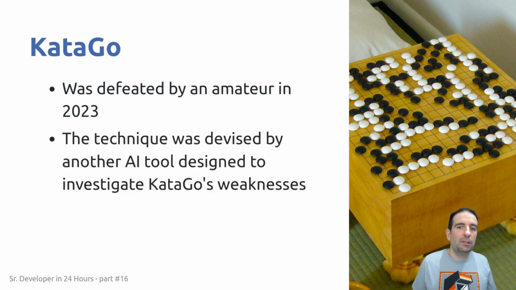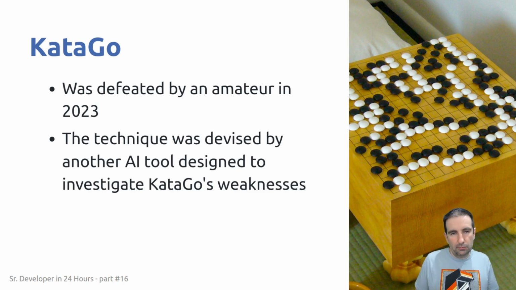So the technique that this person, whose name was Kellin Pelrine, hopefully I'm pronouncing his name right, he basically used a technique that was devised by another AI tool, and this tool was designed to investigate weaknesses within the algorithm that CataGo was using.